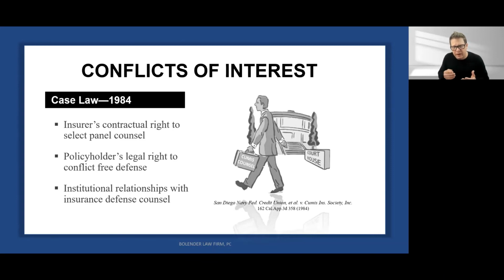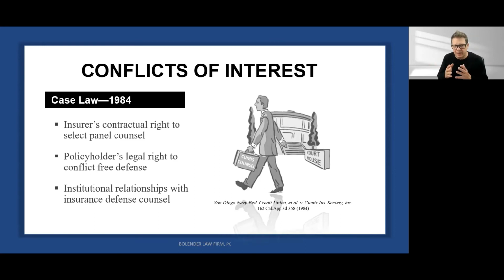Let's talk about that for a minute. In the classic Cumis paradigm, coverage hinges upon a disputed issue in the litigation, namely whether the policyholder's liability-producing conduct was negligent or intentional, covered or non-covered.